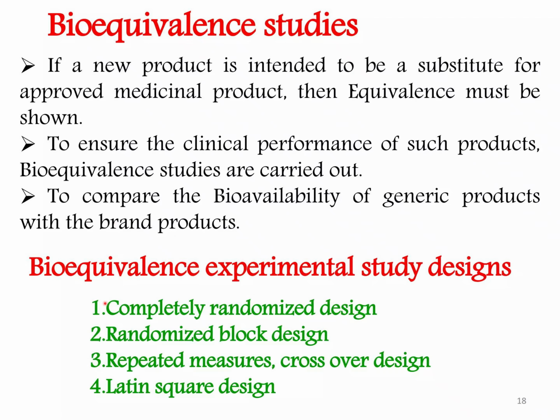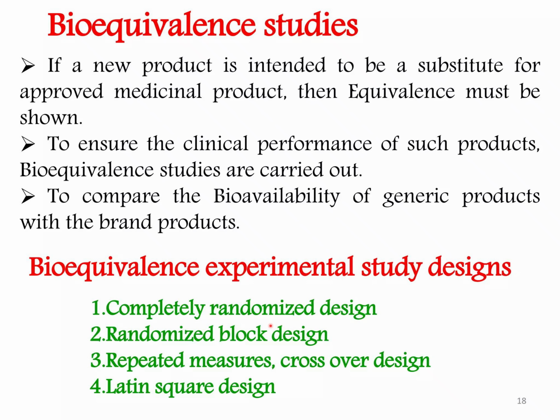So there are four types of bioequivalence studies: completely randomized design, randomized block design, repeated measures or crossover design, and the last one is Latin square design. We'll discuss these one by one, but we can simply understand what these designs actually mean.